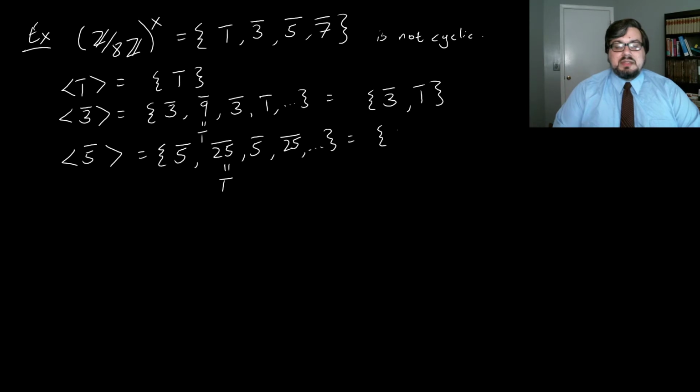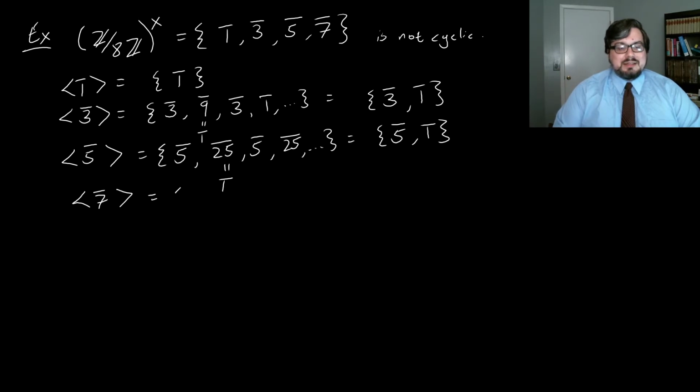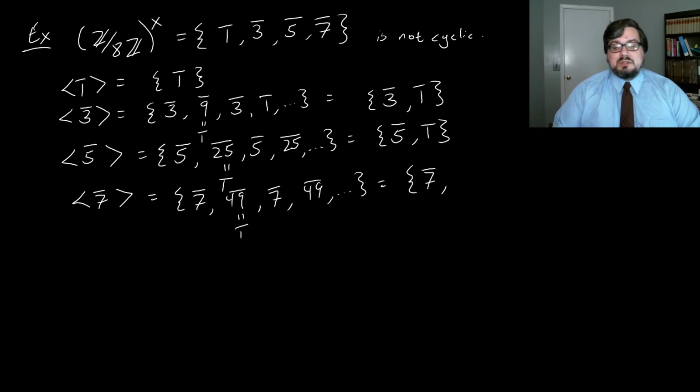And so the cyclic subgroup generated by 5 bar contains 5 bar and 1 bar. In particular, it's not the whole group. And finally, if we look at the subgroup generated by 7 bar, we get 7 bar, then 49 bar. Well, 49 bar is also equal to 1 bar. And so we get a similar sort of construction occurring with each of the numbers that we look at.